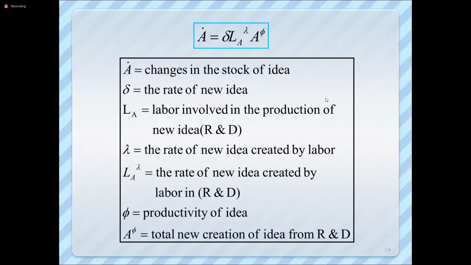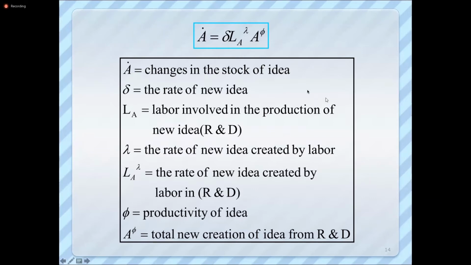They have the funds and financial aid to do R&D, leading to higher production in the country. So labor plays an important role: the number of labor coming out with new ideas without any duplication, how fast they can create ideas, as well as what the productivity of ideas is, whether increasing or decreasing.